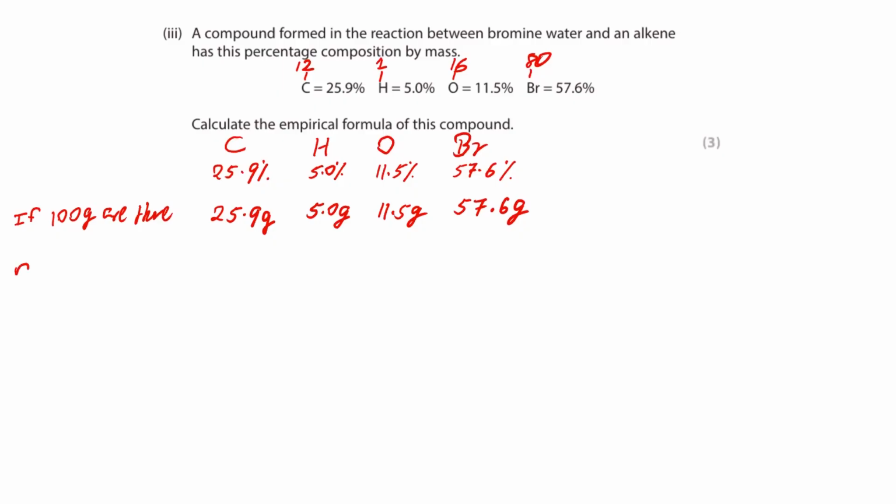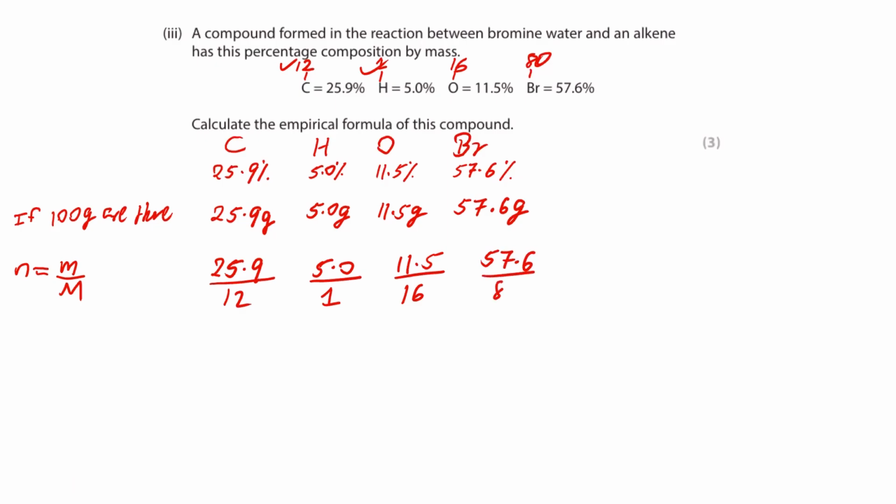How to find the number of moles? Number of moles is mass divided by molar mass. Carbon: mass 25.9, molar mass 12. Hydrogen: mass 5.0, molar mass 1. Oxygen: mass 11.5 grams, molar mass 16. Bromine: mass 57.6, molar mass 80.